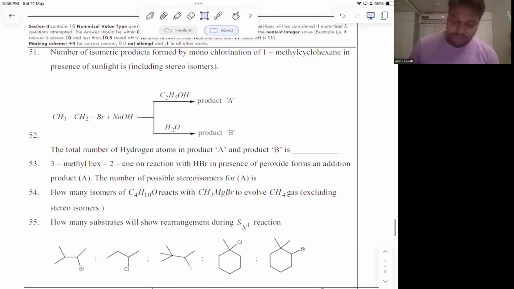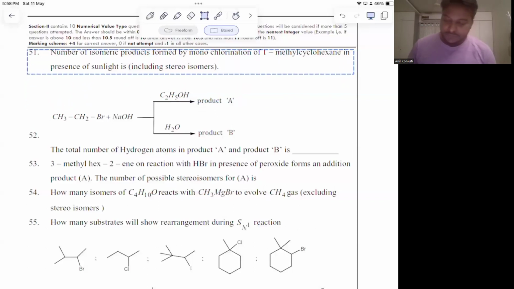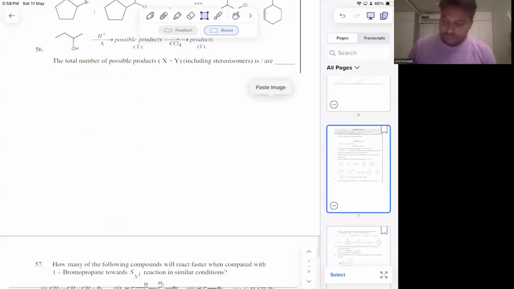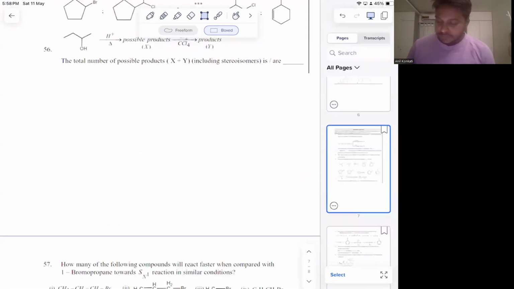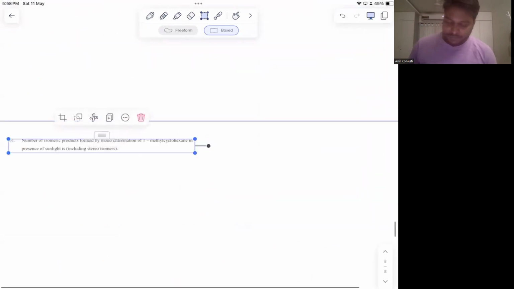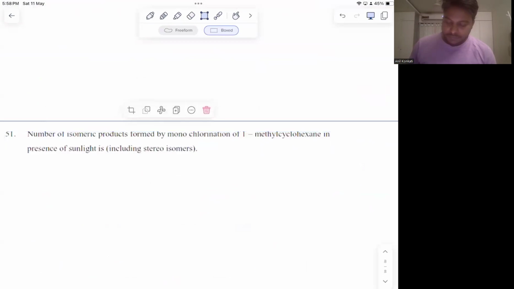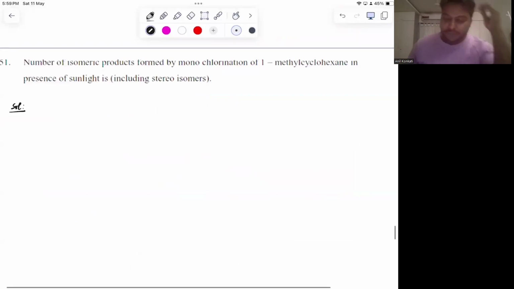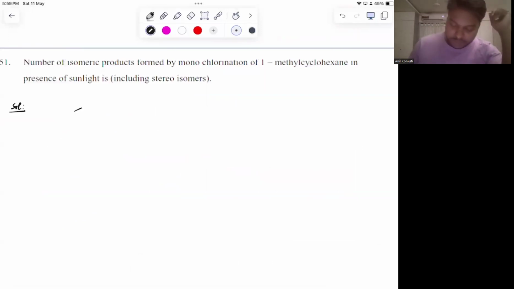Check out 51. Number of isomeric products formed by monochlorination of 1-methylcyclohexane.